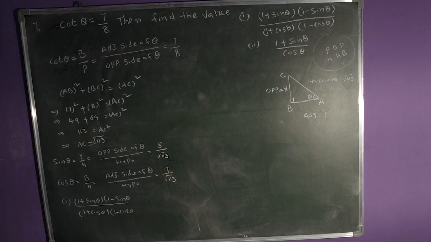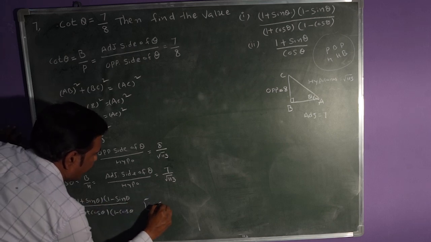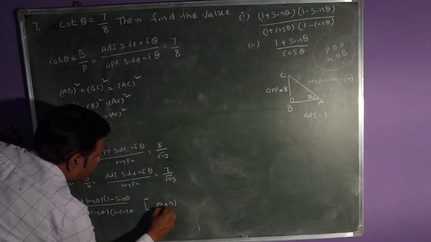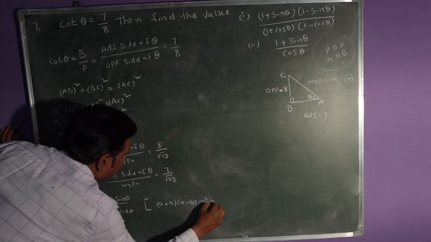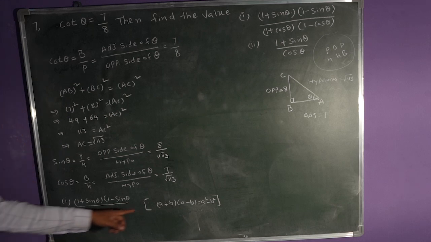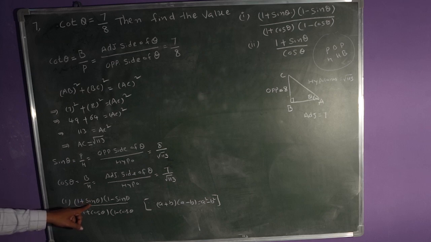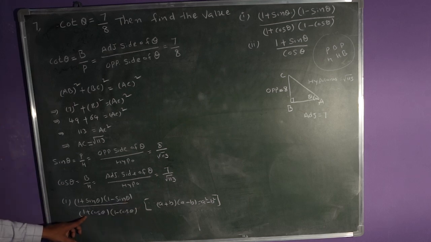This is, since (a plus b) into (a minus b) is equal to a square minus b square, the formula. Same as it is: a plus b into a minus b, here a equal to 1, b equal to sin theta. Similarly for the denominator, a equal to 1, b equal to cos theta.